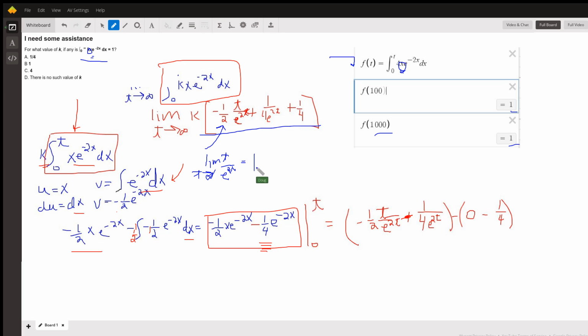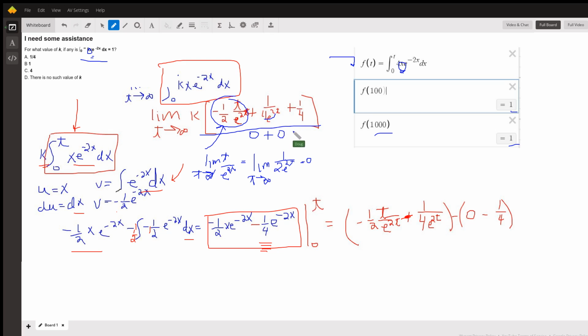The derivative of the numerator will be 1. The derivative of the denominator will be 2 times e to the 2t. The limit of that as t approaches infinity is 0. So for this term as t approaches infinity, we get a 0, plus the limit of this term as t approaches infinity is also 0.